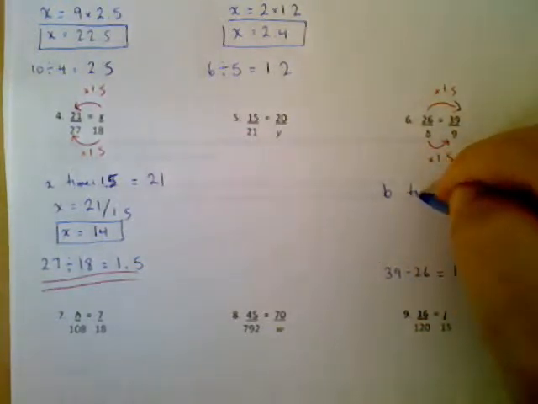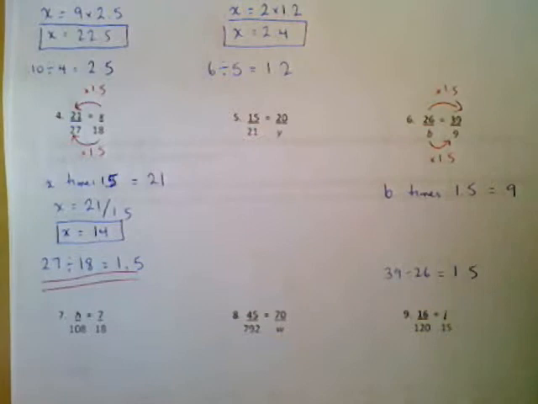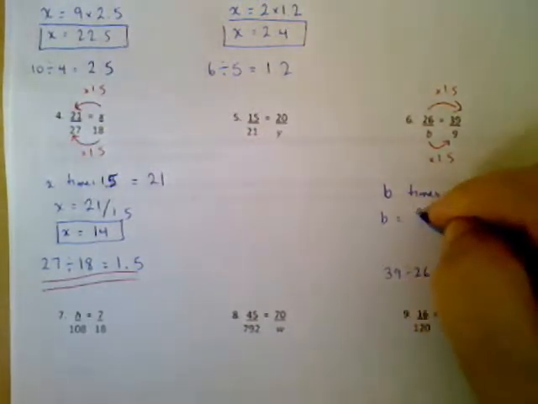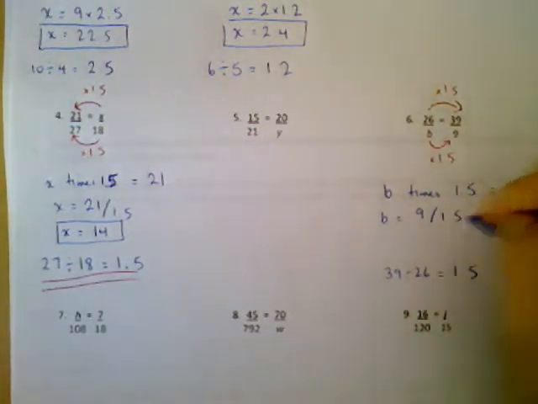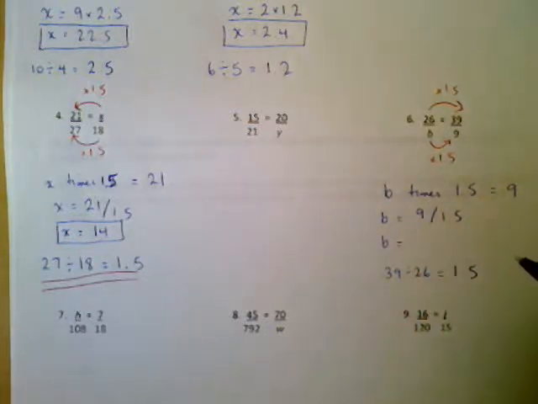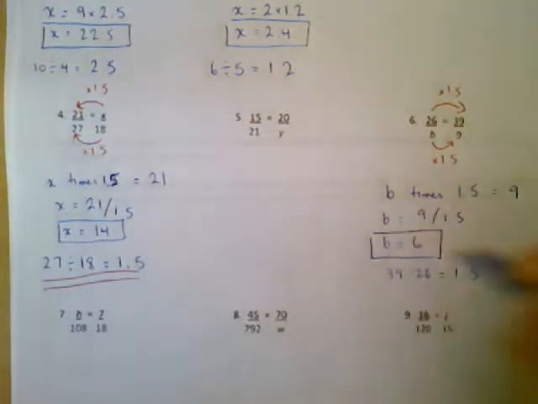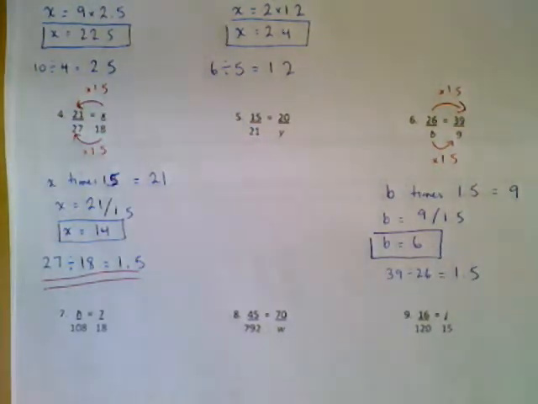And here, b times 1.5 equals 9, which means that b is 9 divided by 1.5. And you guys can quickly try that. Verify that b equals 6.